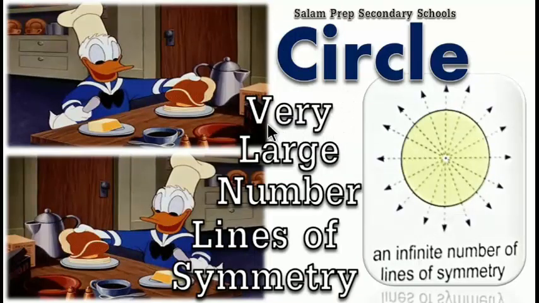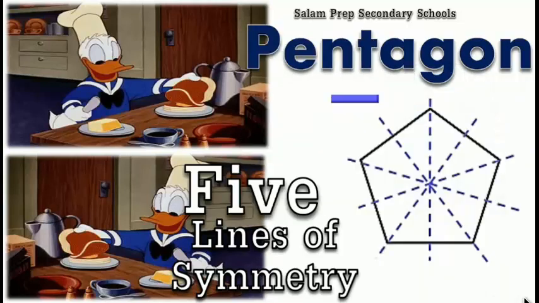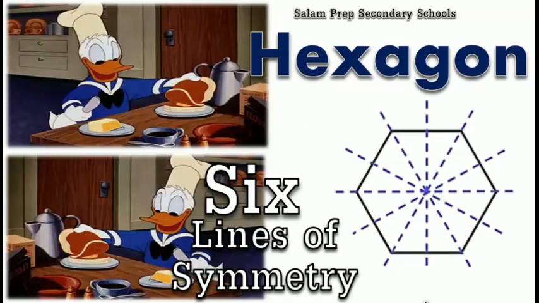Circle, a very large number of lines of symmetry. We can also say an infinite number of lines of symmetry. Pentagon has 5 lines of symmetry. Hexagon has 6 lines of symmetry.